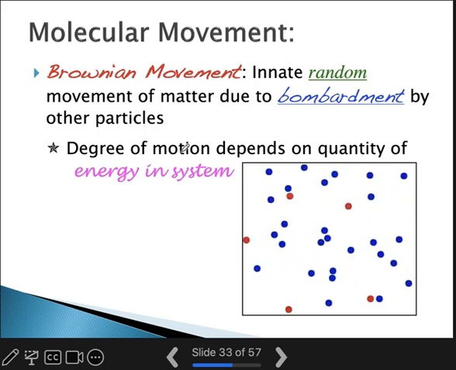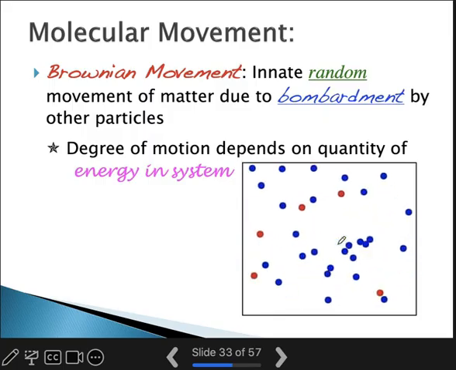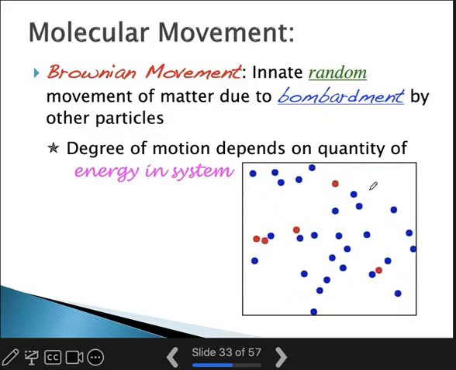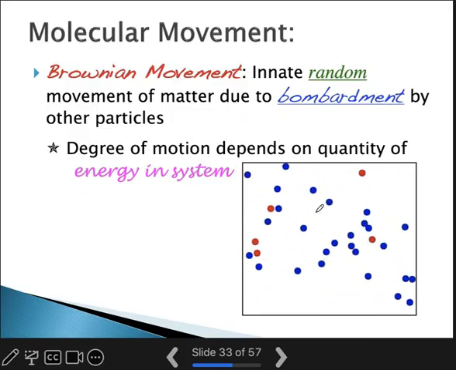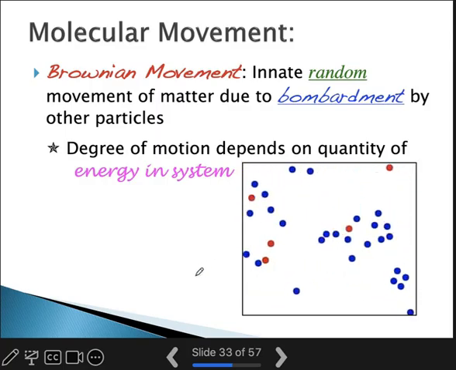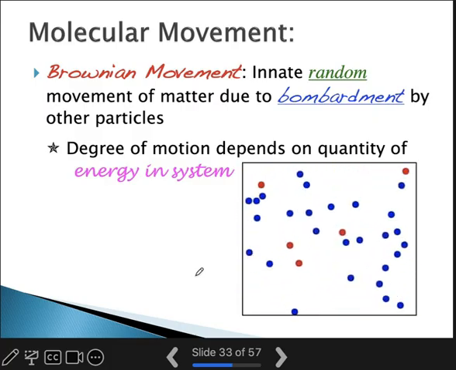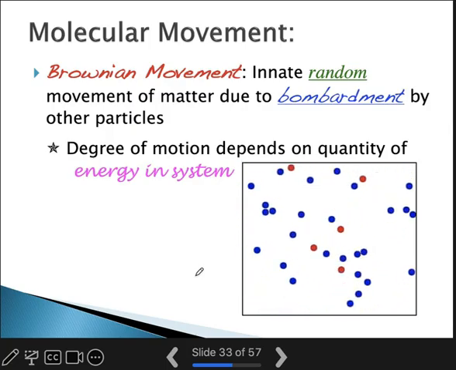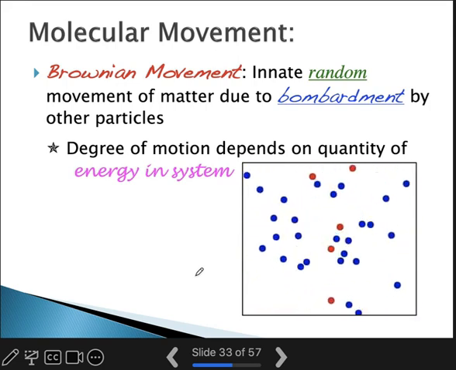So if I'm looking at this animation, I can see all these little spheres, and they're going to be moving in the environment. So they would move in straight lines, but you'll notice that they're changing their position, and the reason they change their position and move in different directions is because of bombardment. They're hitting each other. So Brownian motion is this idea that we have this innate random motion of all matter, and their direction of motion is going to be due to bombardment or the fact they're hitting each other within their environment.